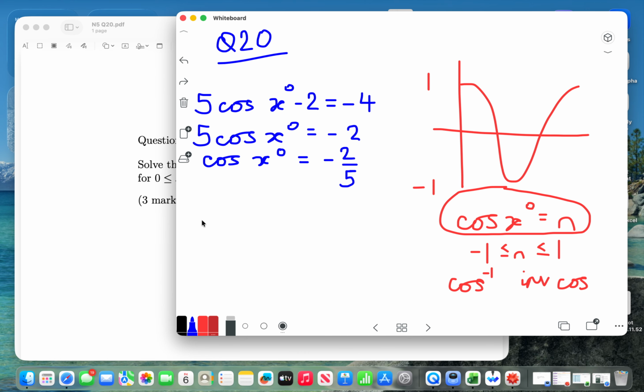So the modulus of a number is just the positive. If a number is positive, the modulus is just the number. If a number is negative, to find the modulus, you multiply by -1 to get the positive. So the modulus of -2/5 is 2/5.